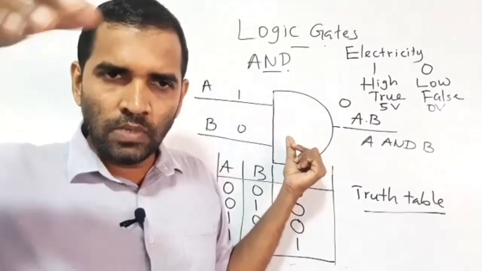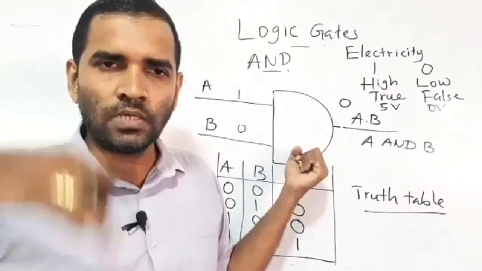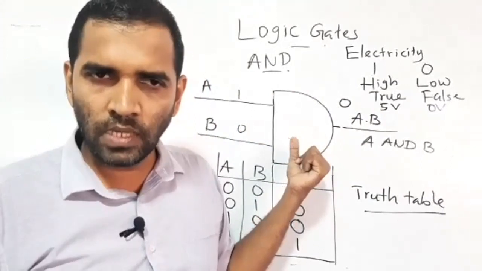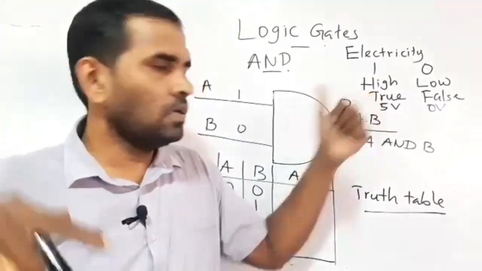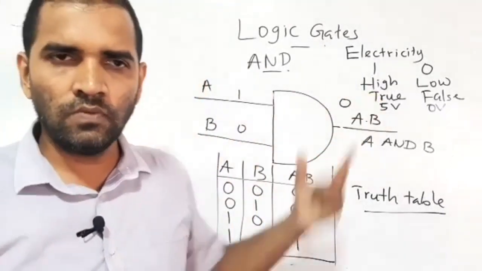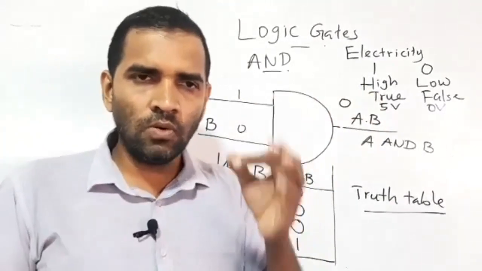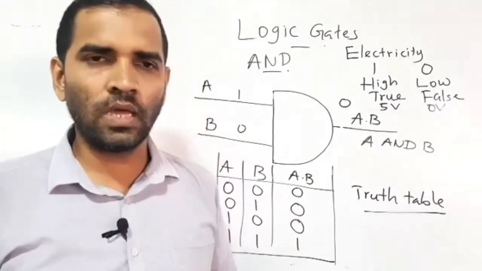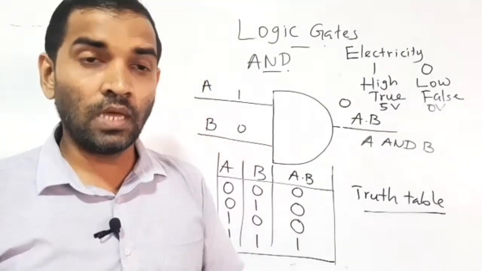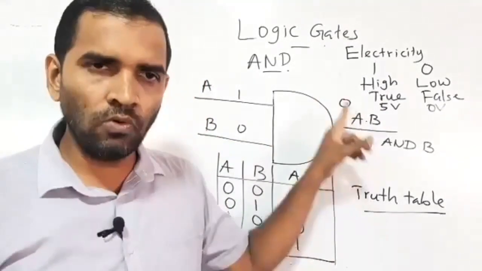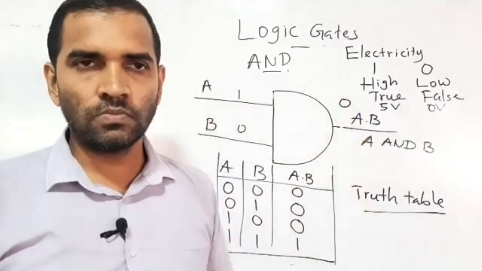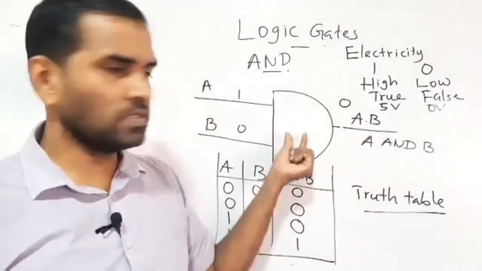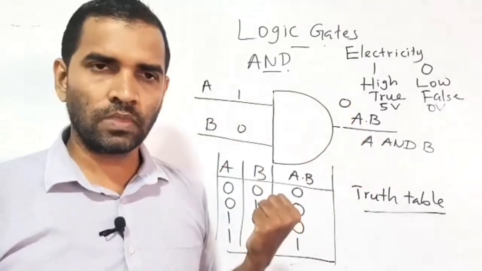So some processes will be happening inside. As a result of that, we are unable to get the electricity. We have zero. This is the only answer which I can provide. Not only me, all can provide the same thing.